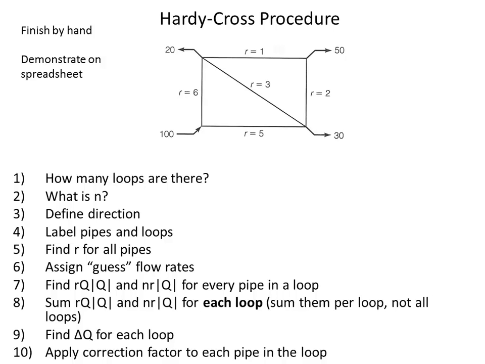And then in loop 2, there's pipe 1-2, pipe 2-3, and 1-3.